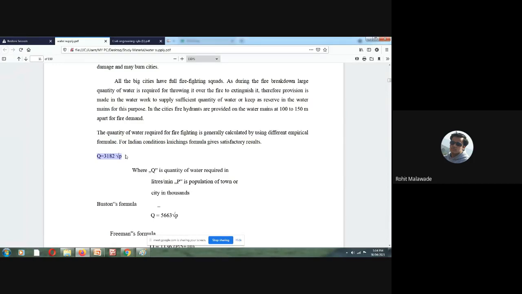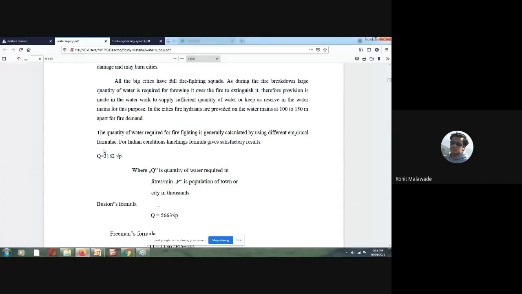Problems may be asked from this. So Q is equal to 3182 square root P, where Q is the quantity of water in liters per minute, and P is nothing but the population of that particular town or city in thousands.